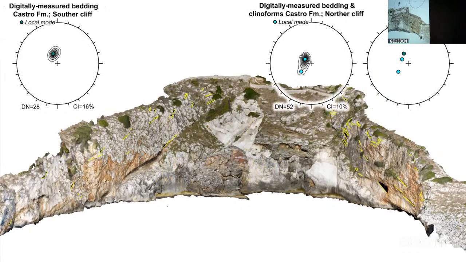Then, well, the bedding in the Castle formation. Well, on the left side of the model, this is the bedding. And that green pole is this green pole. On the northern side of the Romanelli Bay, along this cliff, I have clinoforms. So I have two modes, this mode, which is this, and this mode, which is this one.